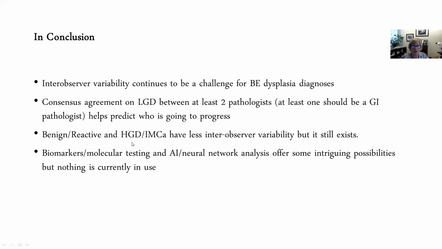Benign and reactive and high-grade and intramucosal carcinoma cases have less interobserver variability, but it does still exist. Biomarkers and molecular testing and analysis by AI offer some intriguing possibilities, but nothing is currently in use.